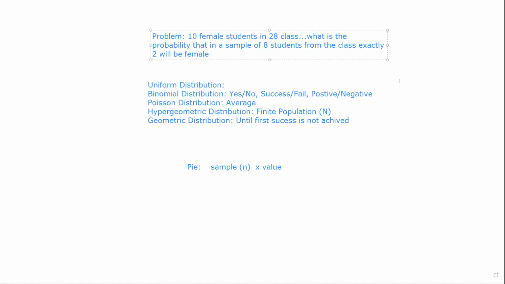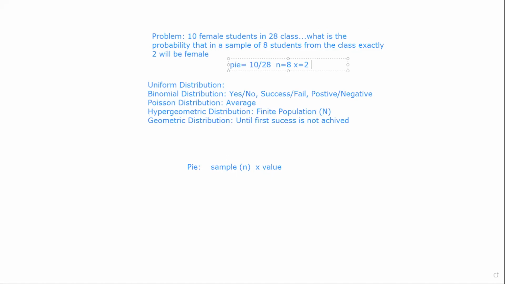So, let me get the proportion of this. Pi equal to 10 divided by 28. We got the proportion. N equal to 8 and x equal to 2. Now let me go over my Minitab.